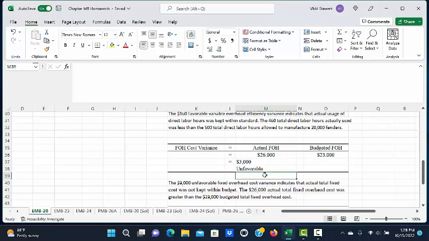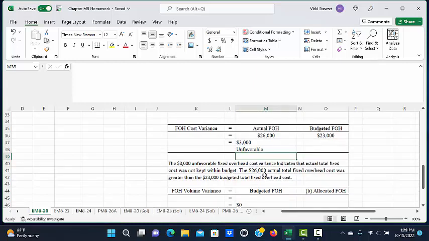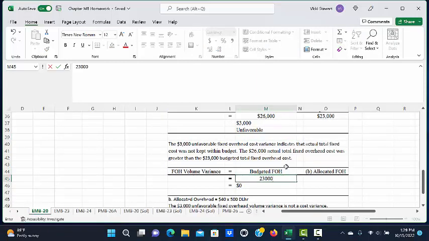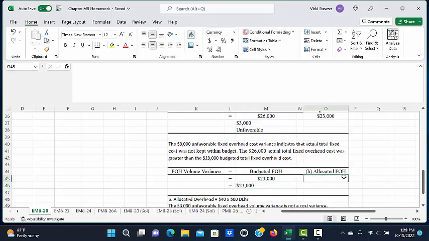It actually cost more. Now we're going to calculate the volume variance. So we had originally budgeted $23,000 fixed overhead, but we ended up only allocating $20,000 fixed overhead, which was $40 times the 500 direct labor hours for the 20,000 fenders that we actually produced.